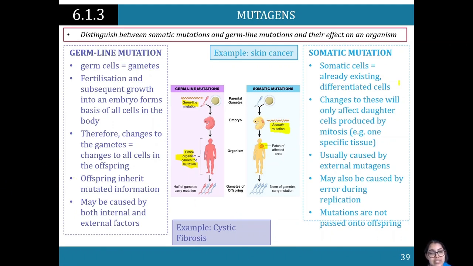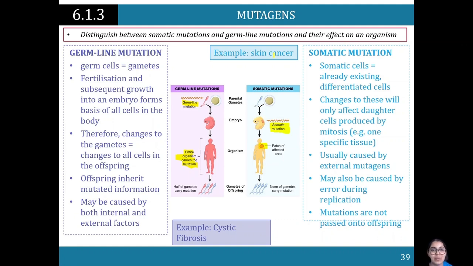Somatic cell mutations are when mutations affect your somatic cells, your already existing body cells, and so that means it's not going to affect the future generation. An example of that is skin cancer, where if an individual has skin cancer, it won't be passed on to their offspring, because it only affects that individual's somatic cells.